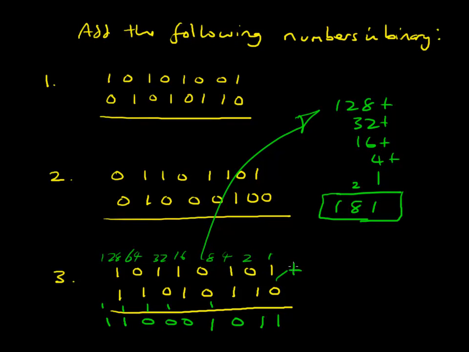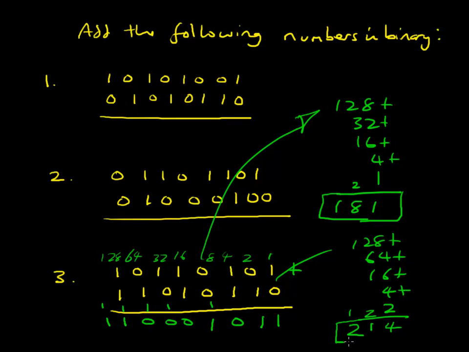The second number which we've got is 128 plus 64 plus 16 plus 4 plus 2. So 8, 12, 18, 22, 24, and 8, 9, 11, and 1 plus 1 is 2.